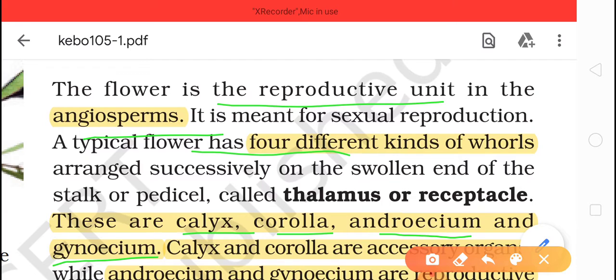Calyx is also known as the sepals, corolla as the petals, androecium is the stamen, and gynoecium is the pistil. Clear? These four parts are attached to the thalamus. Thalamus is the basal part where these four parts are joined.